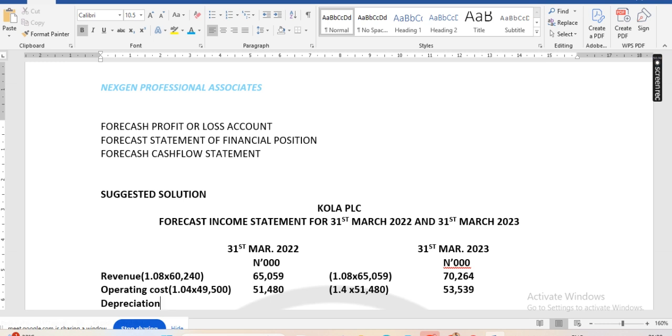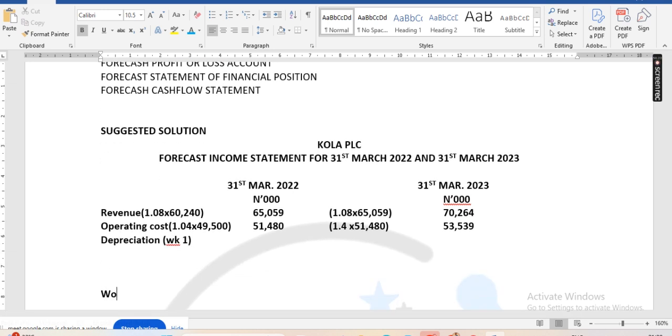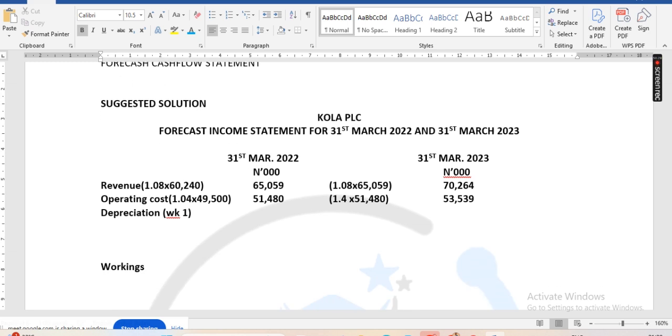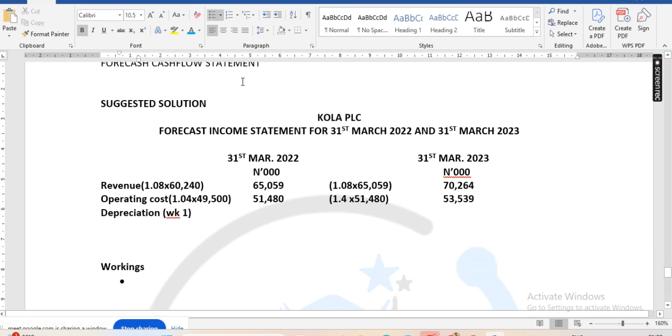So we start with working one. Let's quickly do this working: depreciation, the straight line method. What is the formula?